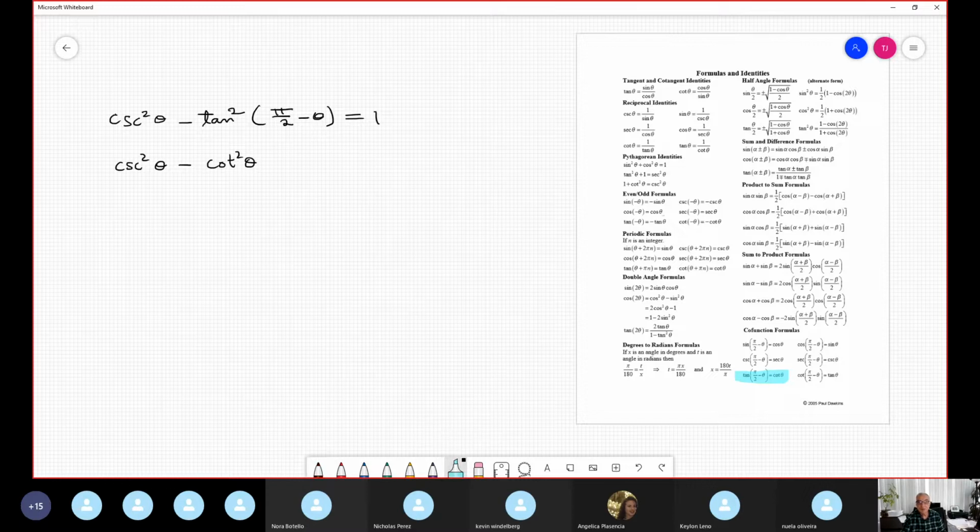Using this identity, I want to copy here to manipulate a little bit. 1 plus cotangent square theta is equal to cosecant square theta.